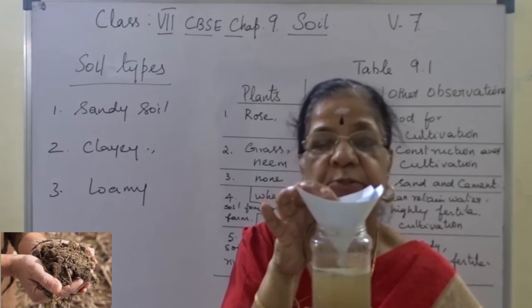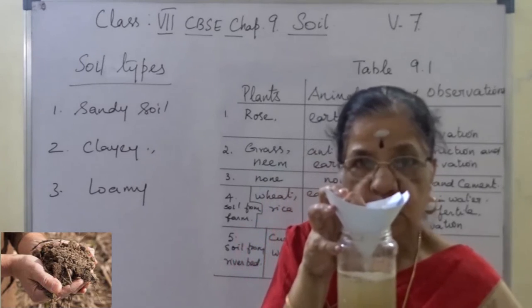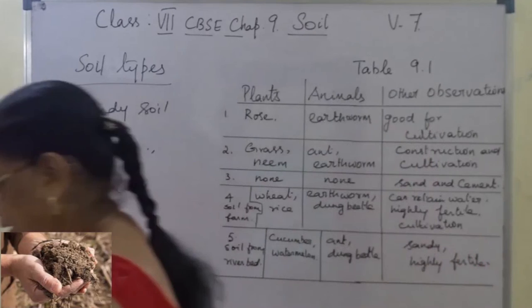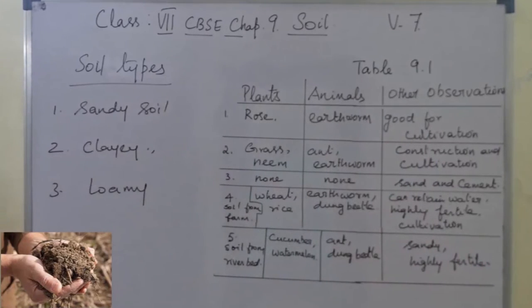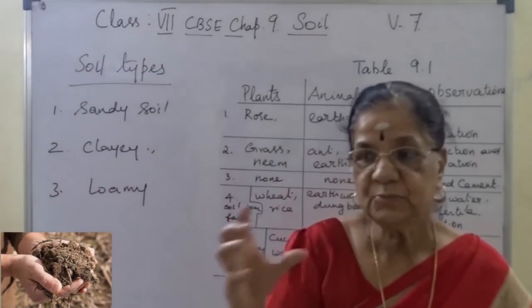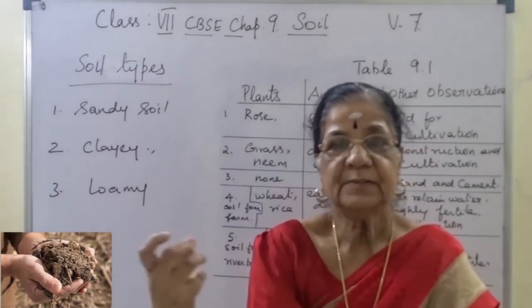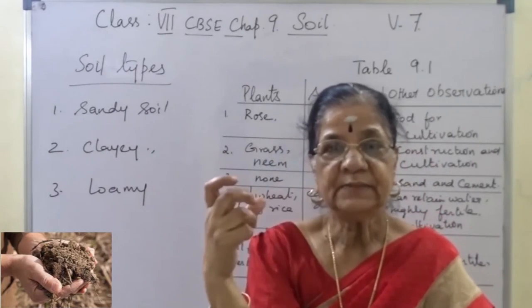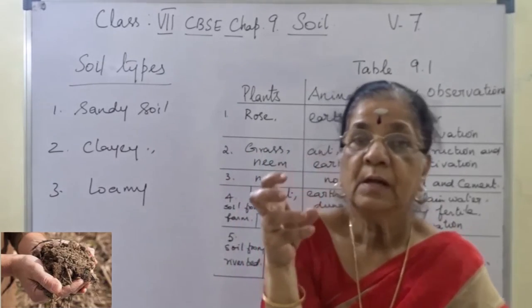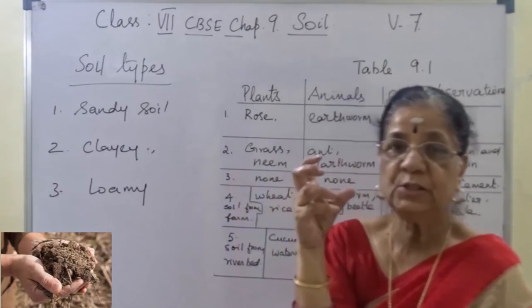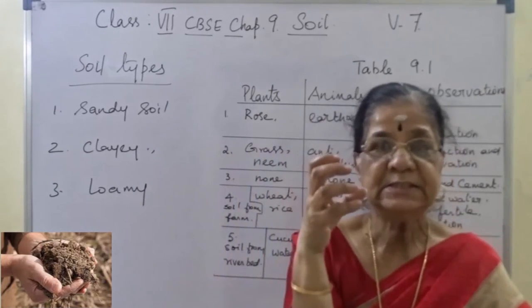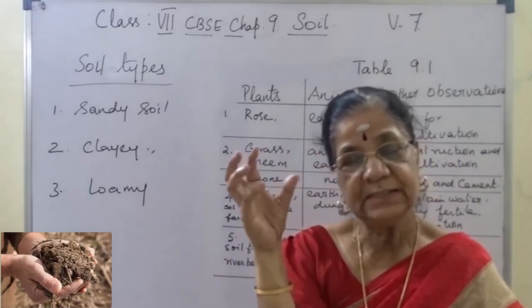Pour the 200 ml of water slowly into all three and observe for some time the water collected in the beaker. Observe how much water has come into each beaker. Loamy soil normally we say is silt and clay.